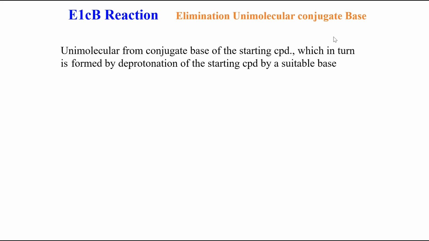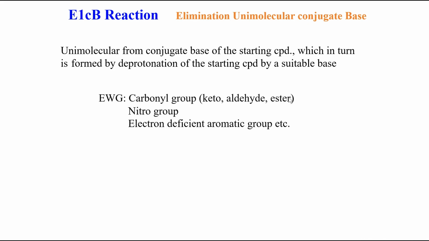This is a unimolecular reaction. The concentration of the substrate only affects the rate of the reaction. This conjugate base is formed from the starting material compound by the deprotonation by a suitable base.